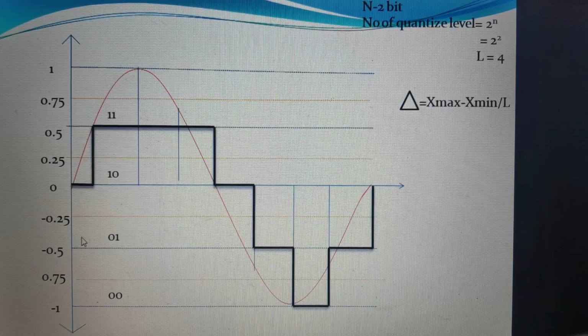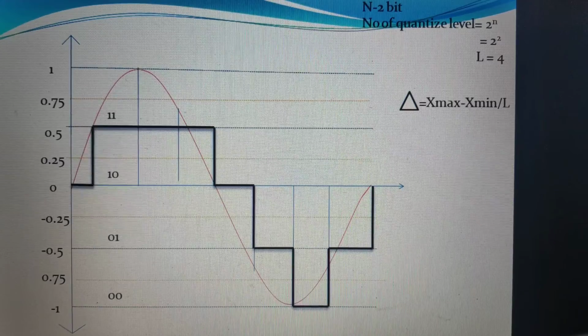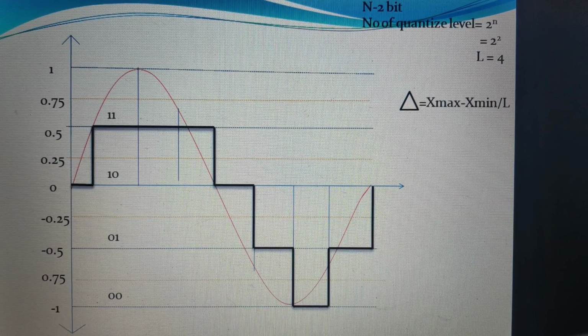The blue lines are the quantization levels, and we have taken the step size as 0.5. The amplitude interval between each quantization level is 0.5, as we can see here.